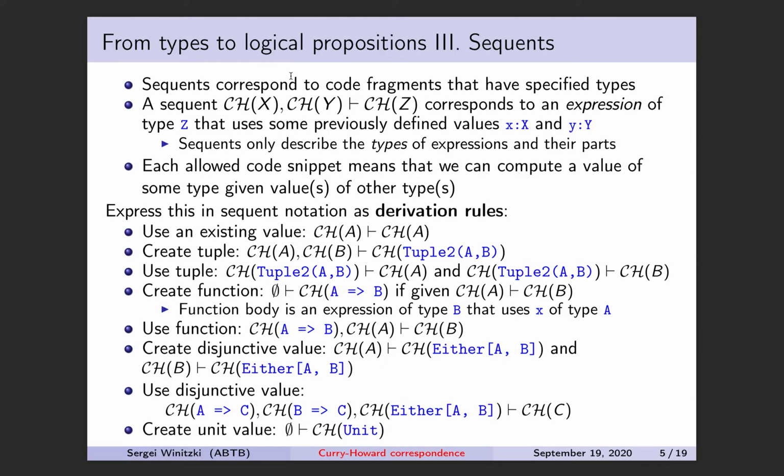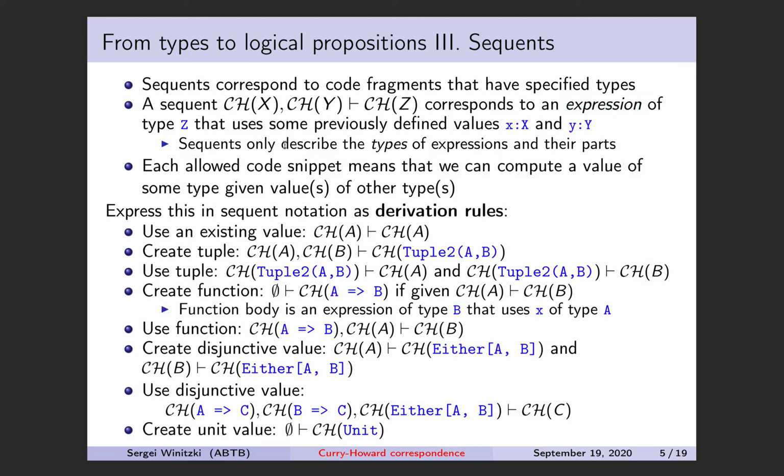So as we have just seen, sequents correspond to code fragments that have specified types and use values of specified types. So for example, this sequent corresponds to an expression that uses some previously defined values, say x and y, of types X and Y, and itself this expression has type Z. So if you're able to write code for this expression, then you have proved this sequent.